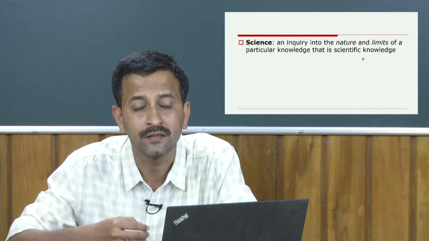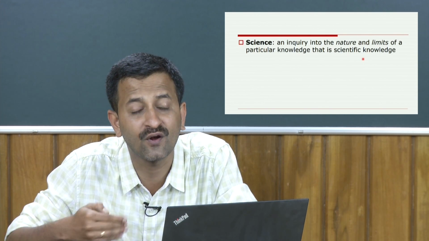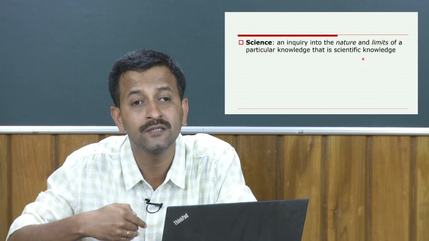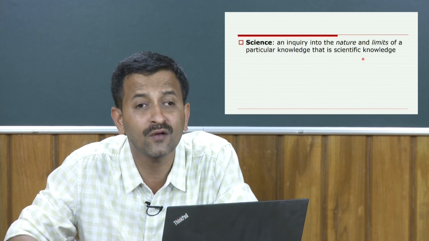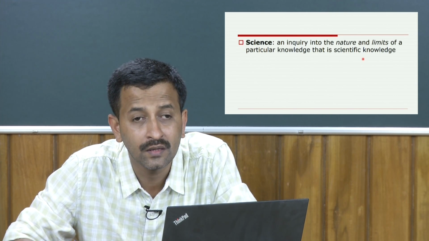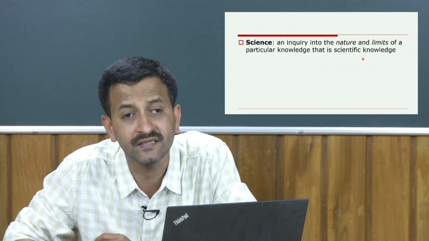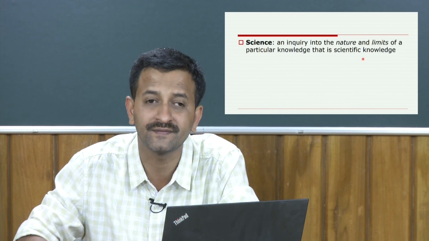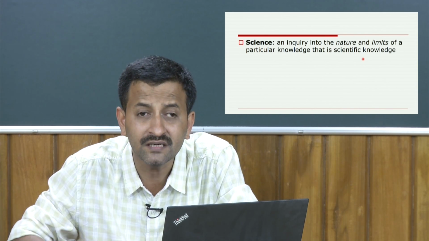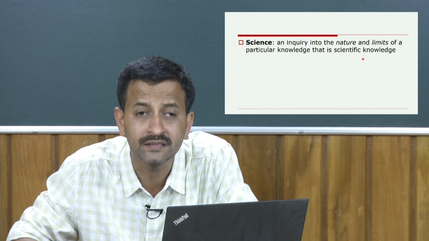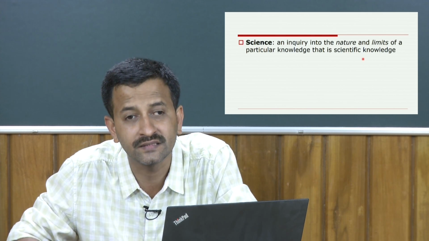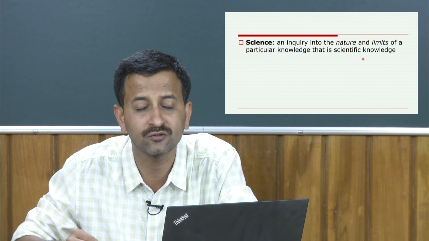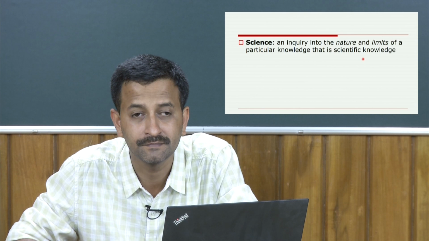One may have questions about each of them. What is philosophy of science? The question of philosophy of science is as old as science itself. The question of the method of science, what is the method of science, is as old as science itself. In fact, such questions were posed by Aristotle long back.